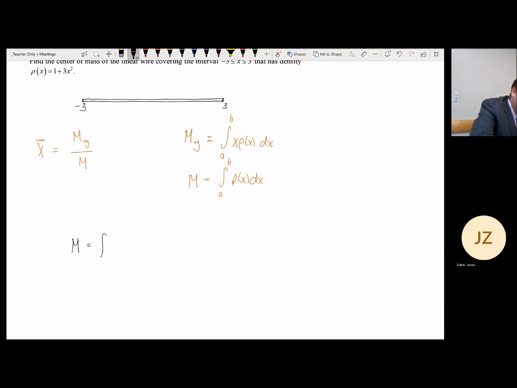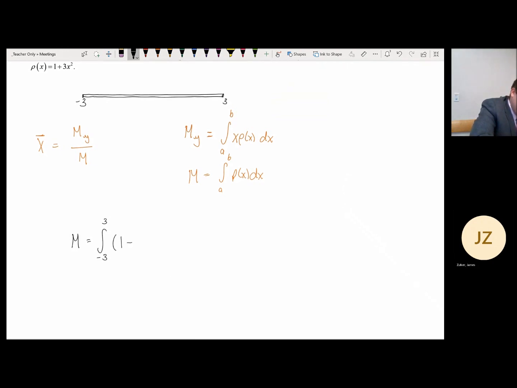Total mass. Integral over the interval -3 to +3 of the density, which is 1 + 3x squared. Integrate 1, that's just the length of the interval, which is 6.